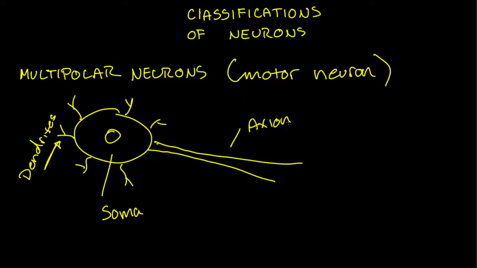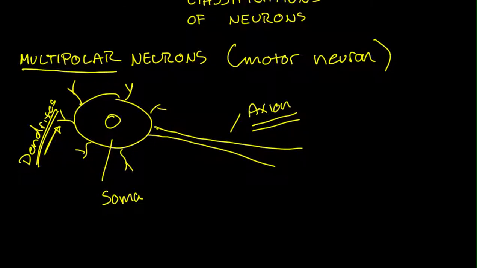And all multipolar means is that there's an axon and there's dendrites. That's it. Just that there's multiple dendrites and that there's an axon coming off of it. That's the only thing that you need to know for those.